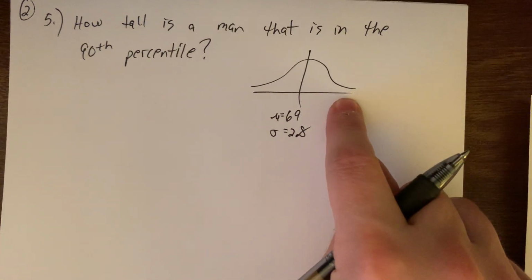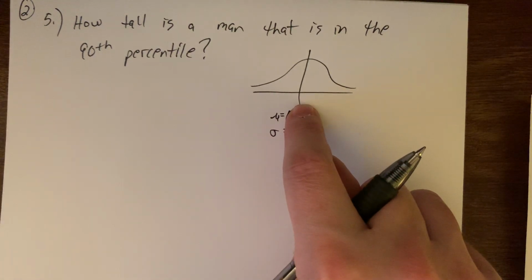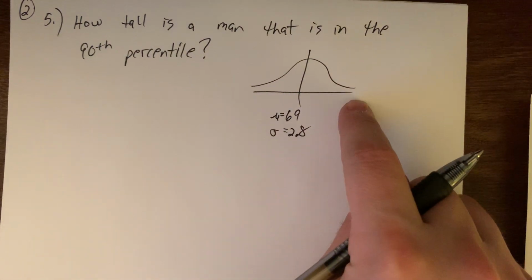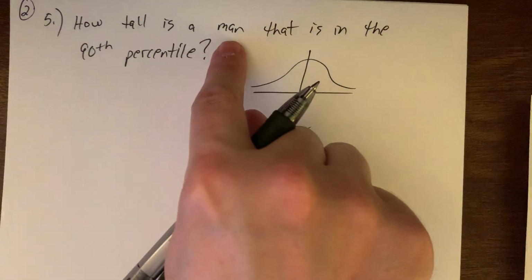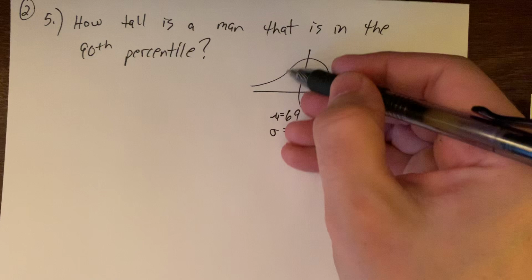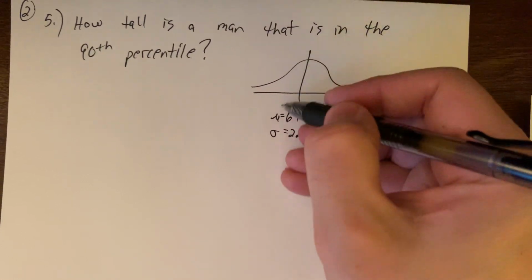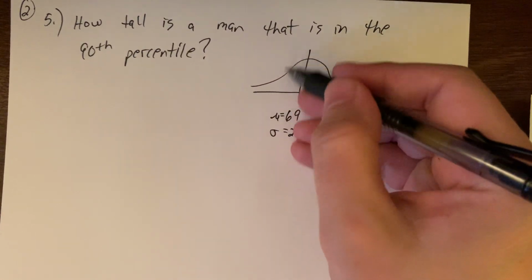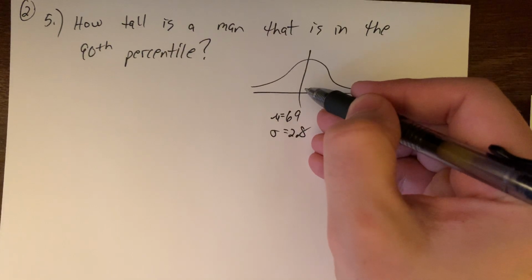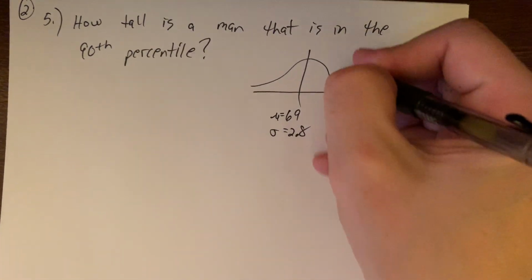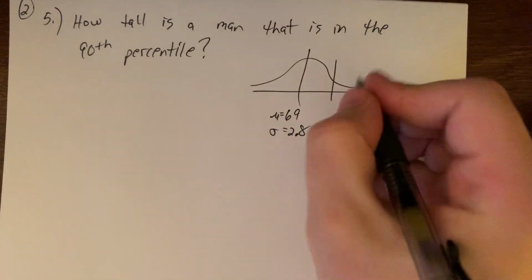Well, I know he's over here, because we always said the mean broke things up, 50% below, 50% above. So if I knew he was only in the 40th percentile, he's somewhere over here, taller than 40%, but 40% doesn't get you past the halfway point. So in the 90th percentile, he's somewhere over here.